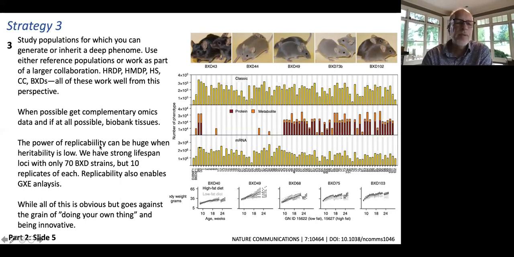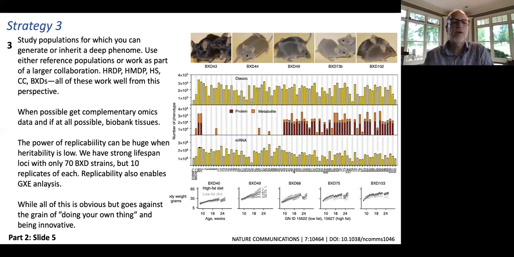The power of replicability, sorry about the typo, can be a major win. And that is something that's harder to overcome with HS or DO, but it's pretty straightforward to do that with any kind of isogenic cohort.